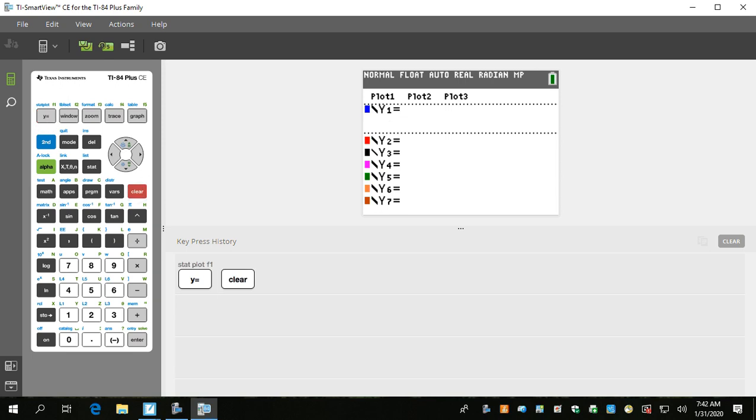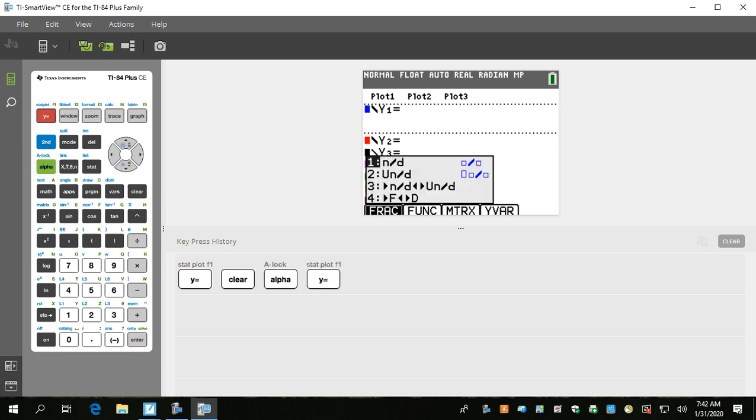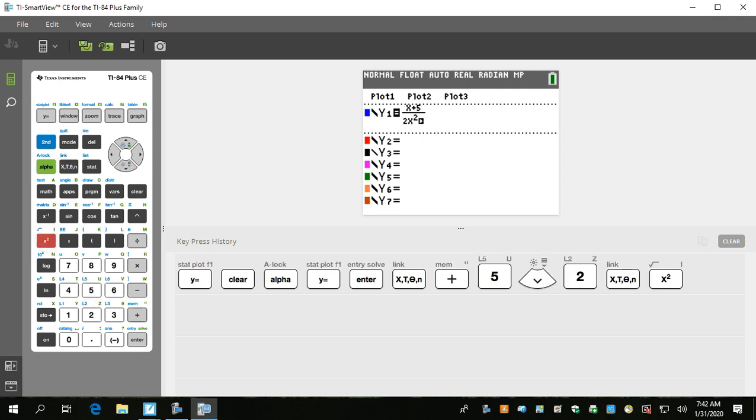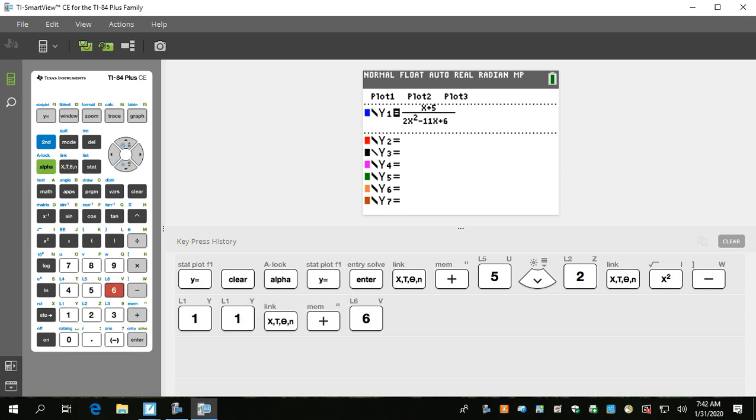So can you guys just tell me what it is? I would suggest using alpha y equals. That's much easier. Can you tell me what that was? X plus 5 over 2x squared plus 11x minus 6. Oh, shoot.